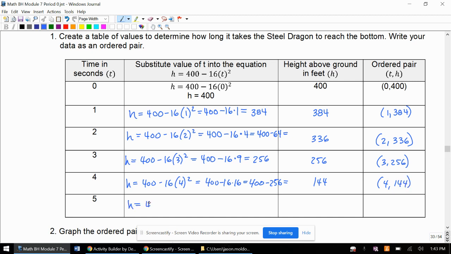And the last one, if you're skipping to the end of this video, then you've made it here, and this ends up being 400 minus 400. 16 times 25 is 400, so this is 0.